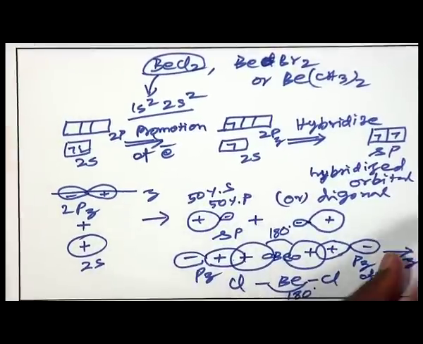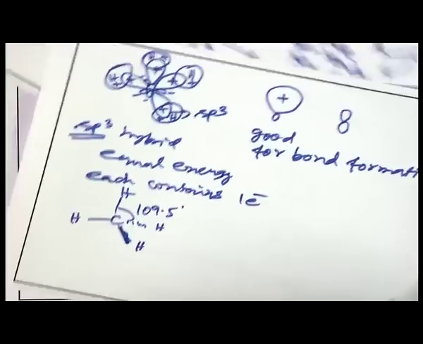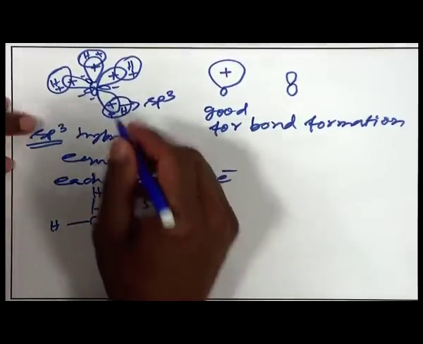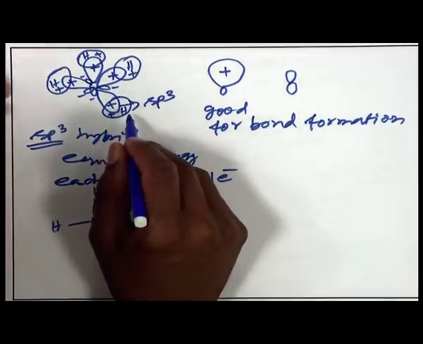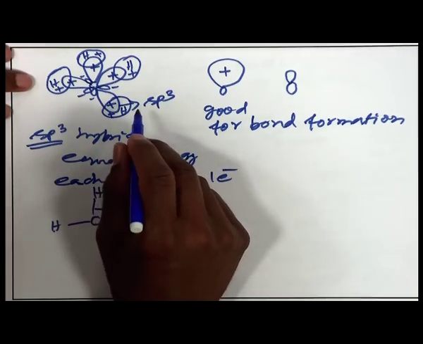On the other hand, we have seen sp3 hybridization for methane. What is the percentage of s character for this hybridized orbital? It is 1/3.